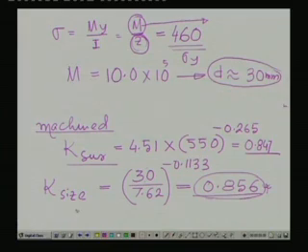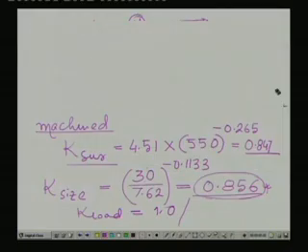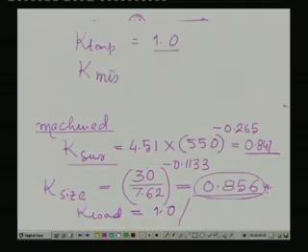However, as it is pure bending, K load comes out to be 1.0, and we have not talked about the temperature factor. Let us assume ambient temperature, that means much less than 300 degree centigrade. So, we can assume K temperature to be 1.0, and let us take K miscellaneous also to be 1.0.